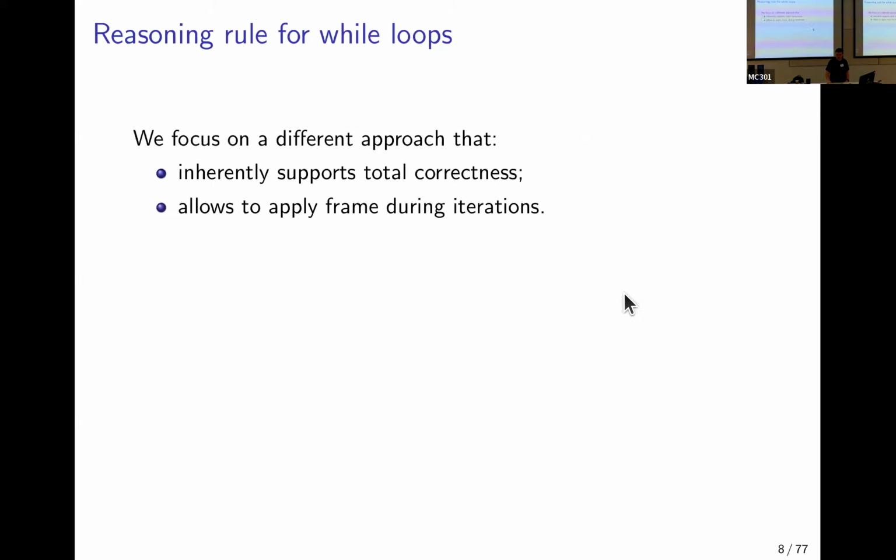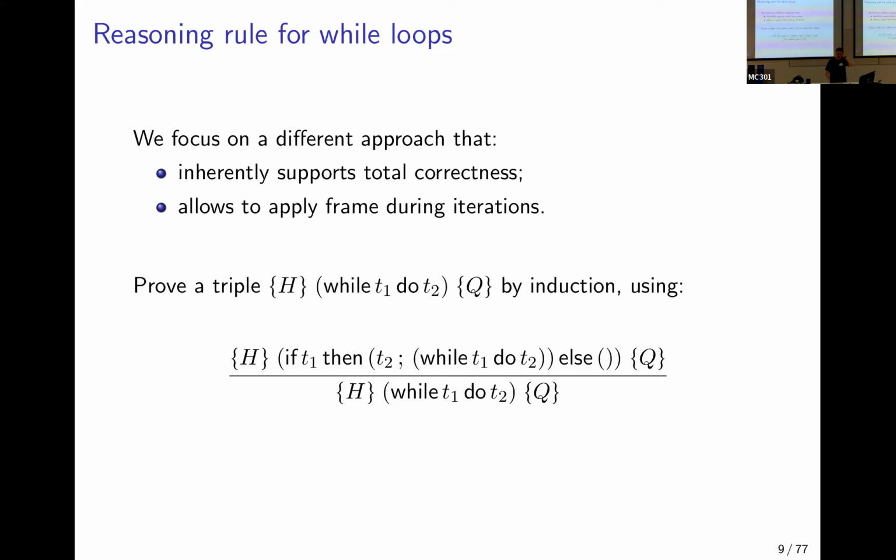So in fact, what we do typically, like in arrays and a bunch of other things too, you just expand again. So if you have while T1 do T2, you can just prove that the same holds for if T1 then (T2; while T1 do T2) else unit. And if you can prove this, it's the same as proving this. So it's again a case of deterministic reduction.